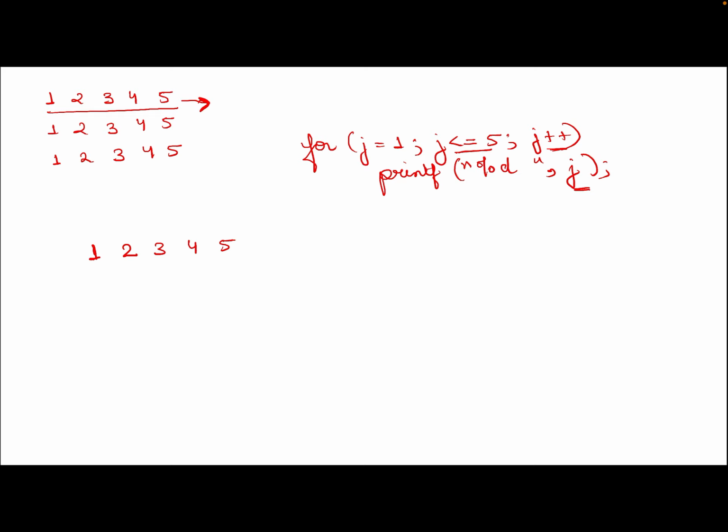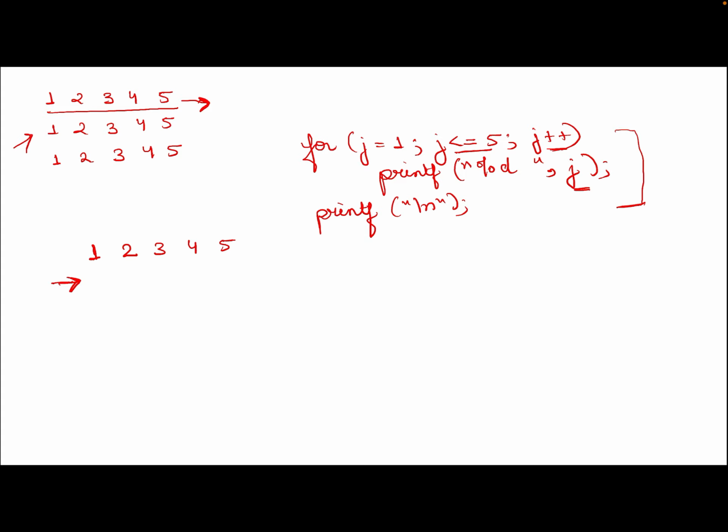Now again I want to print the same pattern. So I will print the same pattern in the next line. So I will write printf \n. Now how many times should these statements be executed? It should be executed 3 times, okay.